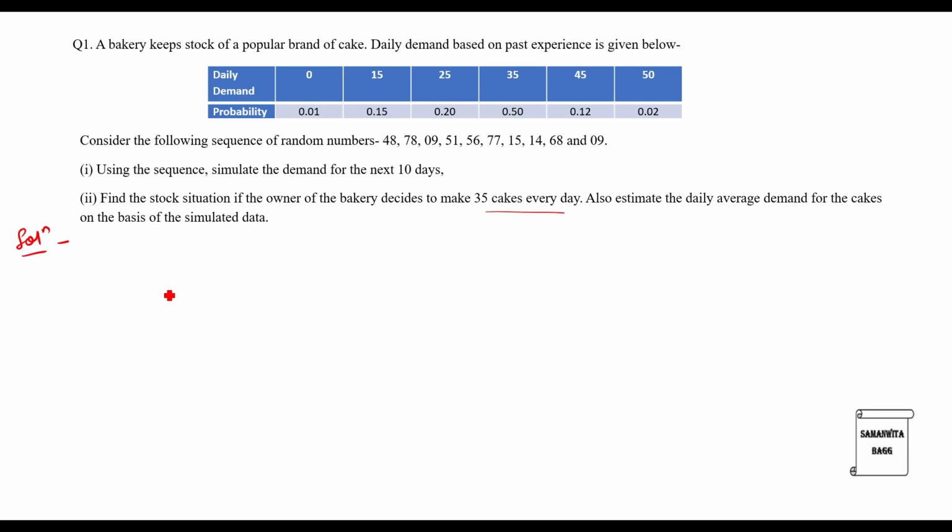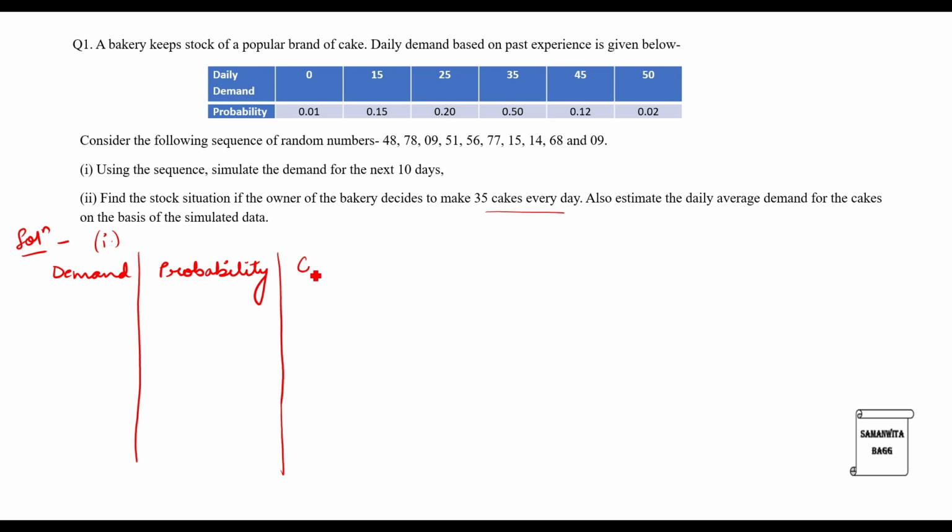The first thing that you need to do is, based on these random numbers, we will prepare a particular table. So we are actually trying to solve for the first one. So I will make the table with the first column being the demand. The next one is the probability given. Then we will talk about the cumulative probability.